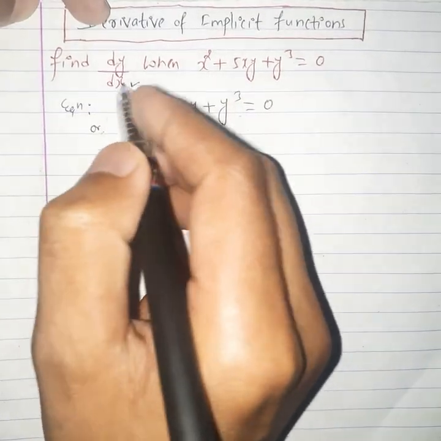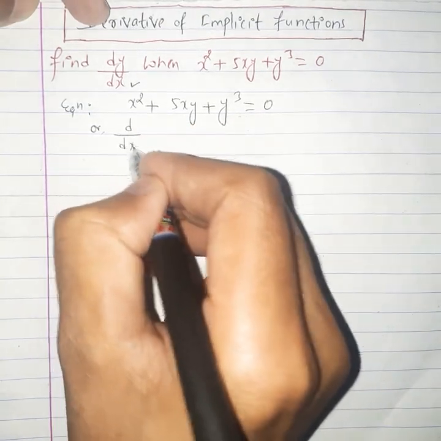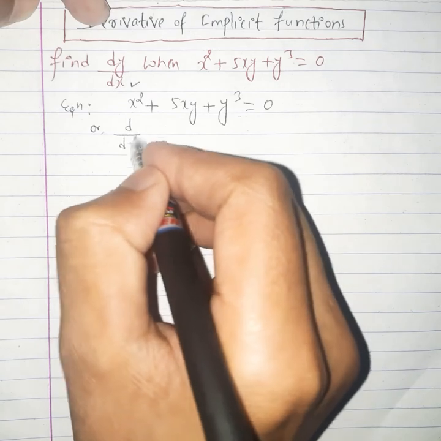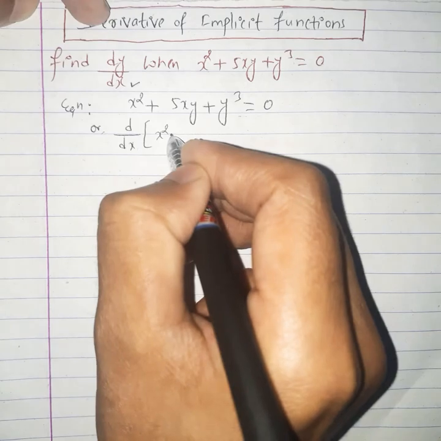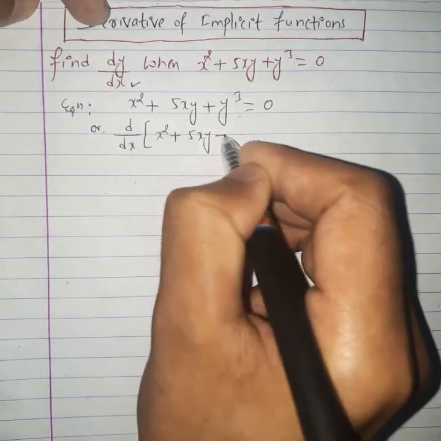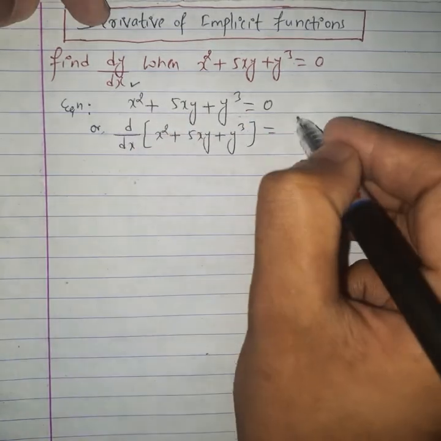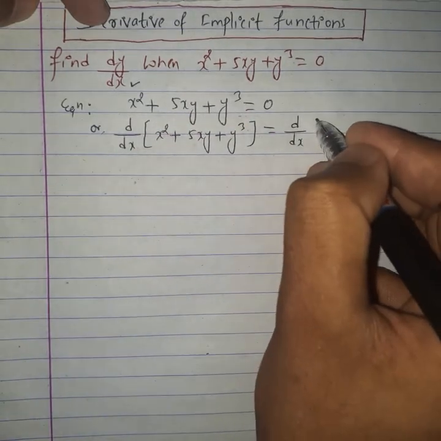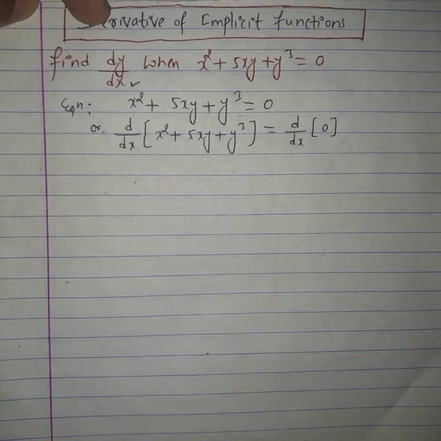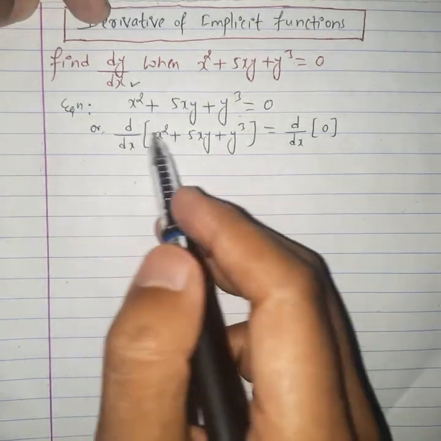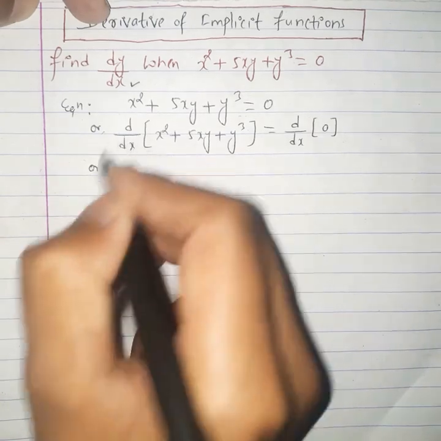After taking the derivative with respect to x on both sides of the equation, our expression will be d over dx of the left hand side, x square plus 5xy plus y cube, is equal to the derivative with respect to x of the number 0. Here in this step we just take the derivative with respect to x on both sides of this equation. Let's simplify this.